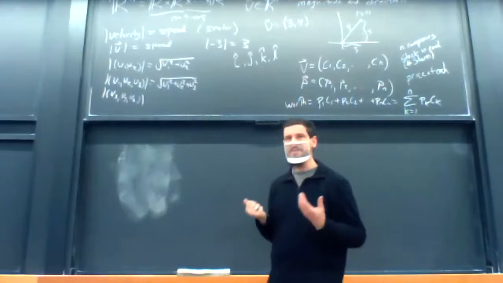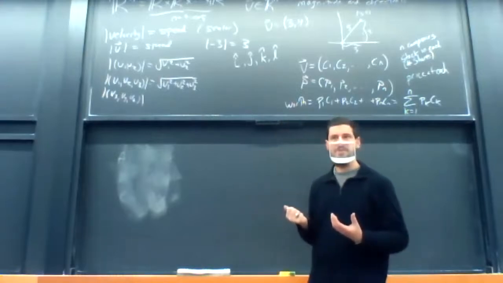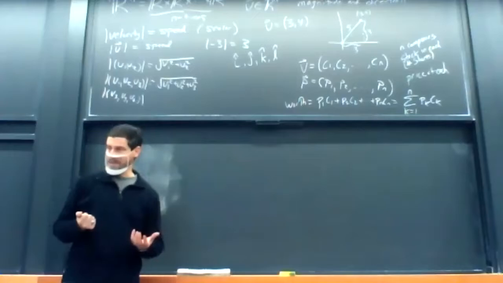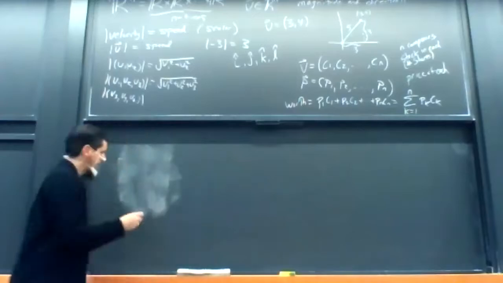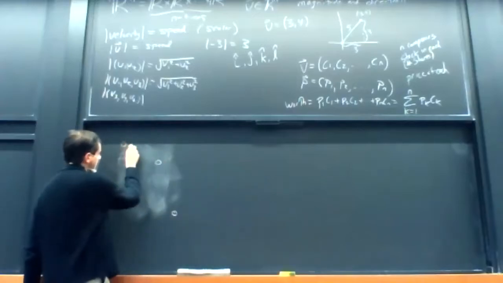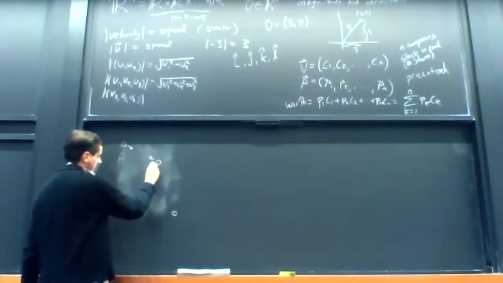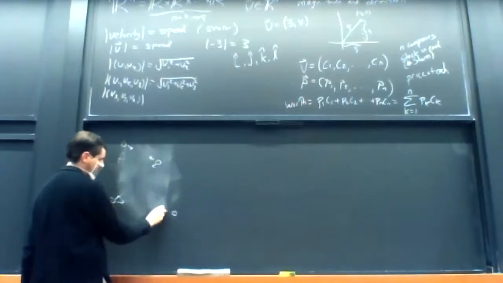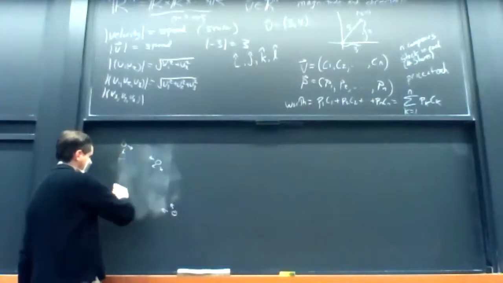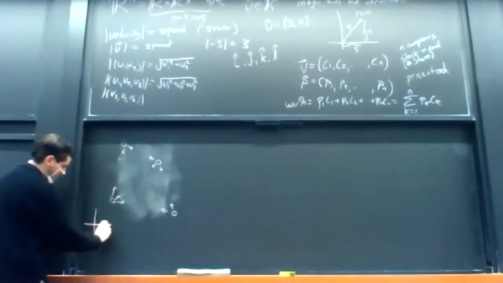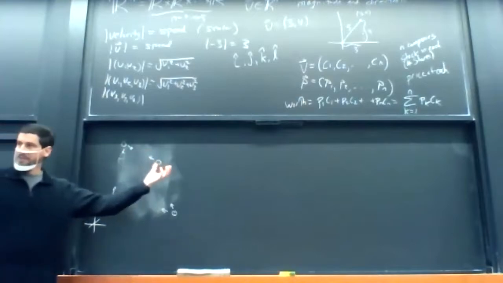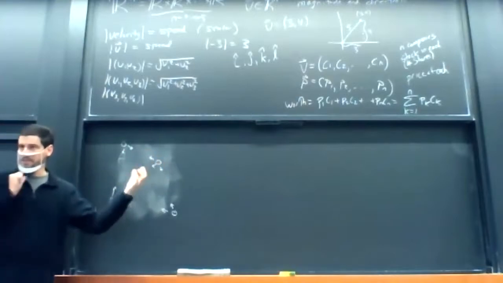How many people have taken any physics? There's a little bit of physics. So you might have seen your center of mass. You could have a bunch of particles, and maybe the interaction of the gravity, so each one is pulling on all the others. And you have some coordinate system, and you could try to calculate the center of mass of the system.